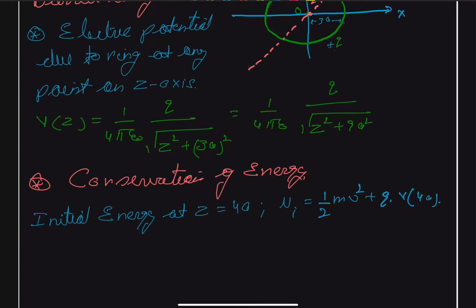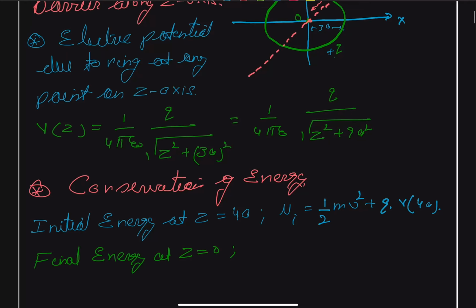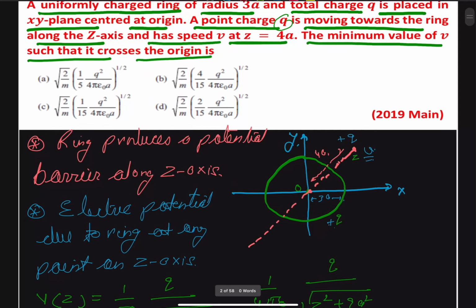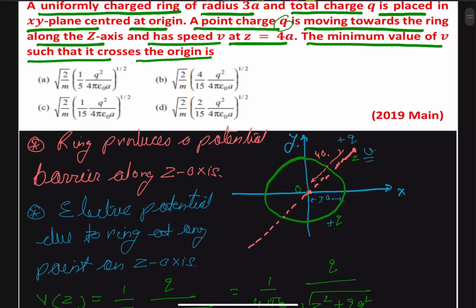And similarly we can write our final energy at the origin, at z equal to 0, and here we require that it should just cross the origin.